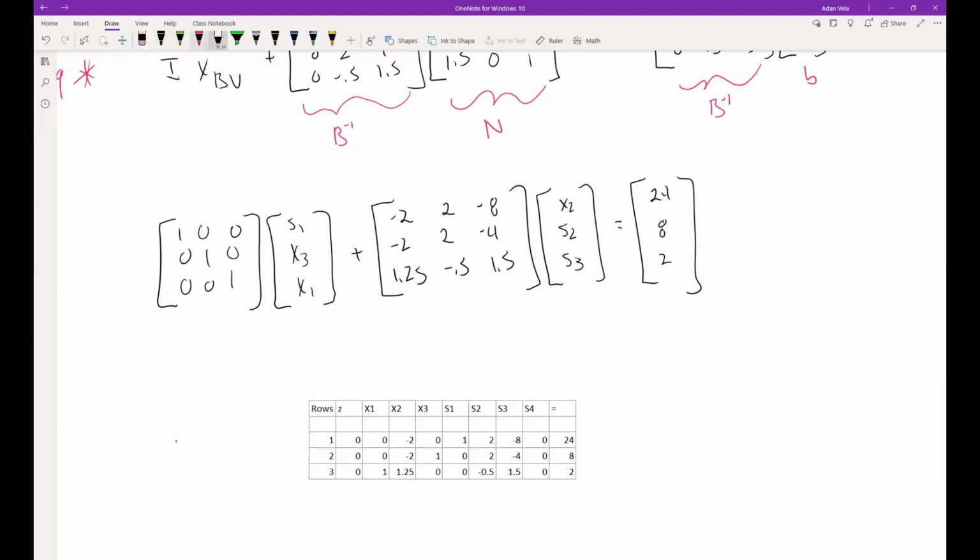Again, that's going to be coming from our basic variables, S1, X3, and X1. Those are the columns that we have. And for these guys right here, we also see these same columns in the simplex table after we perform all our elementary row operations.